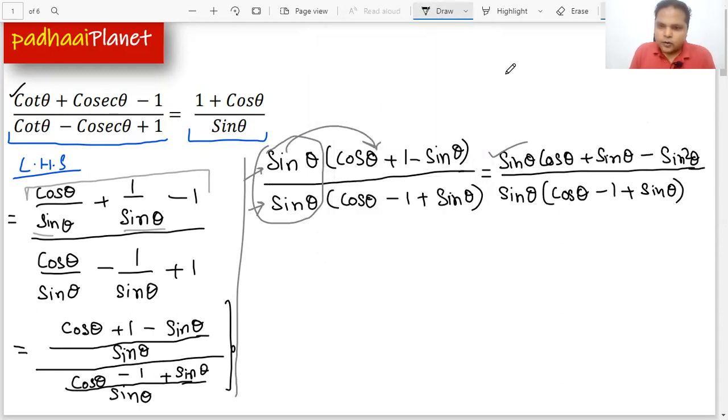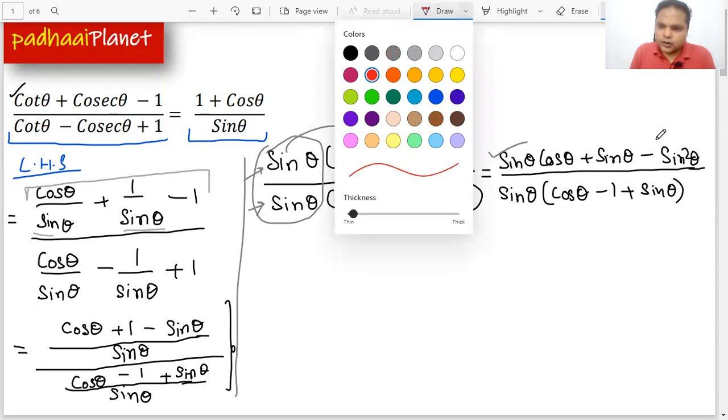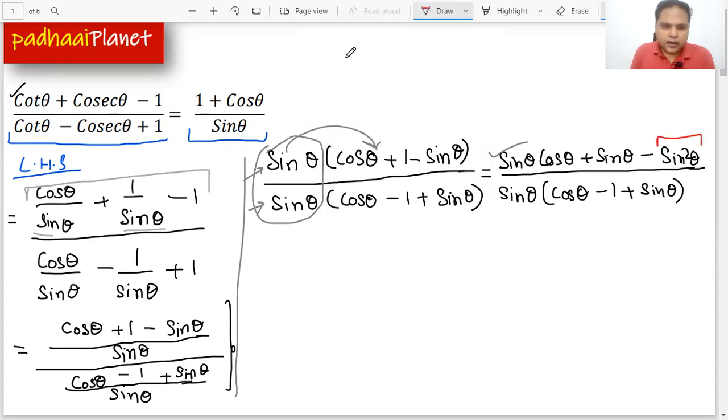Now we know that sine squared theta can be converted into another form, because sine squared theta is equal to 1 minus cos squared theta. That's the relationship which we already know, right? So we will put the value of sine squared theta in here.